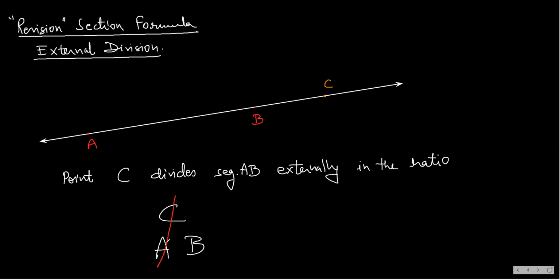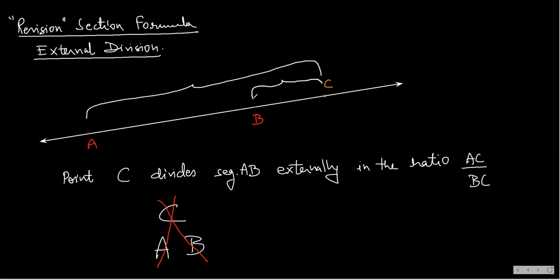So the ratio will be AC upon BC. You need to understand that: AC upon BC is the ratio.